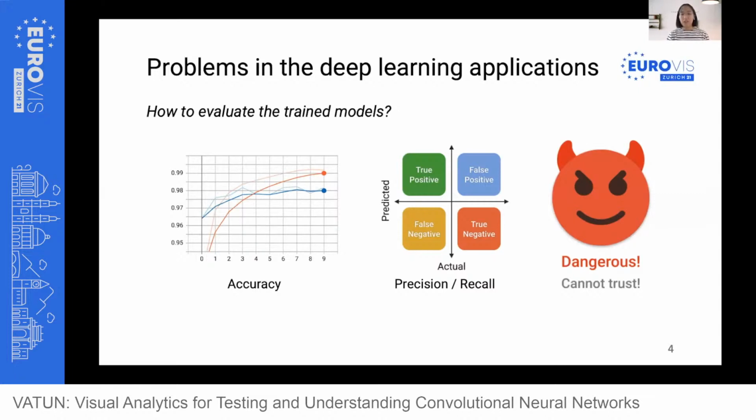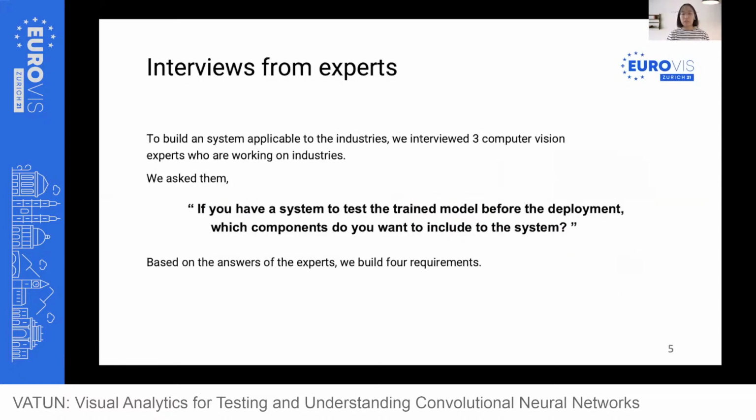Therefore, especially in industrial circumstances, it is necessary to evaluate the trained model with diverse testing tools. We identified those needs and interviewed 3 experts to design visual analytics which help users to effectively test and understand the trained CNN model.